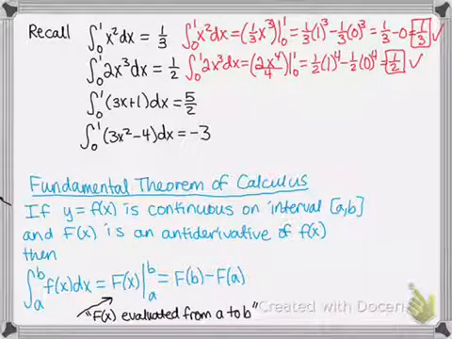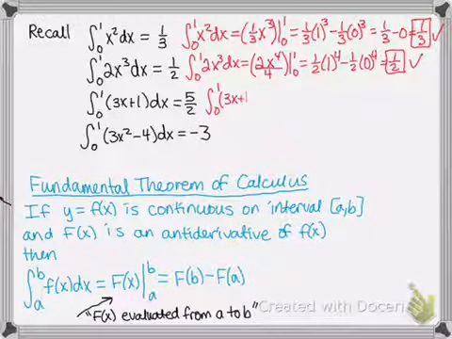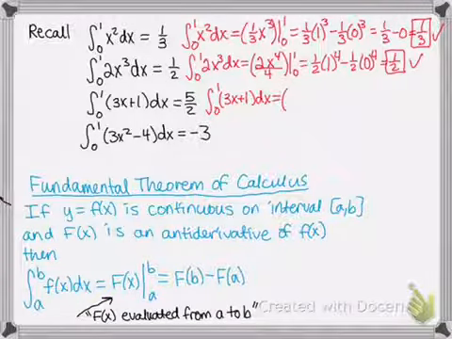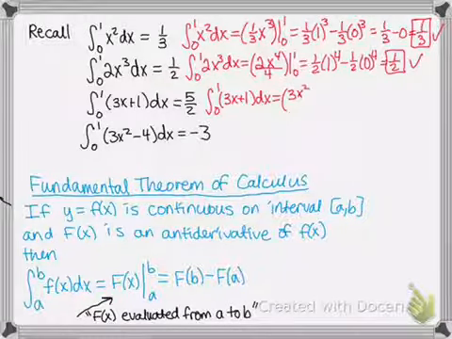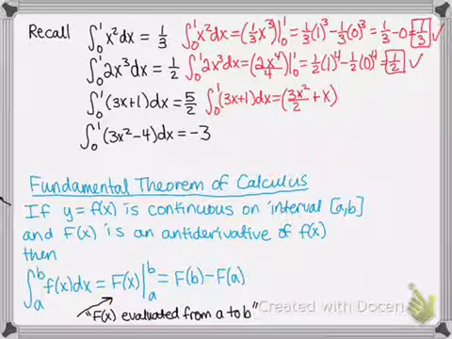Let's do the remaining ones. This would be a good time to pause the video just to see if you understand, if you can do it by yourself. Okay, so we find the antiderivative. We add 1 to the exponent, divide by the new exponent, plus, and then the integral of 1 is just x. We have to evaluate it from 0 to 1.